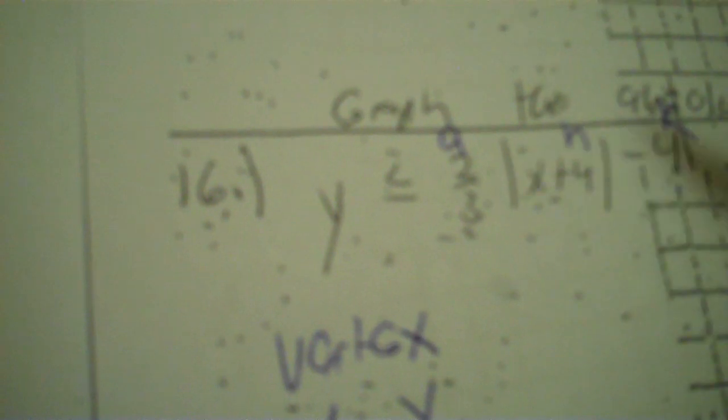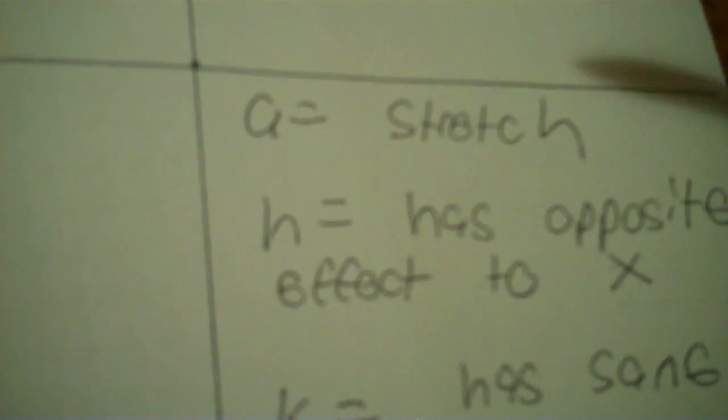Stretch. Okay. The stretch is the A, so the stretch is 2 over 3. A is your stretch. I put that right there. Now, the HK gives me my vertex point, okay?